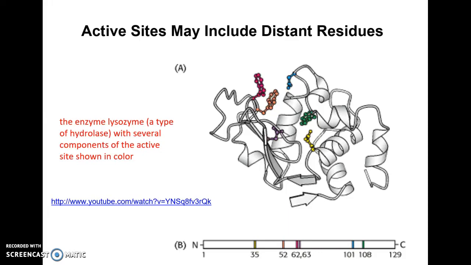The coordinating amino acids can be far flung within the primary structure, but because of the three-dimensional shape of the protein, they are all going to be right next to each other in that active site. So I commend this YouTube video to you. Watch it, and you'll see what I'm talking about there.